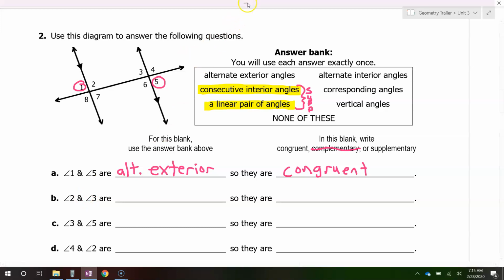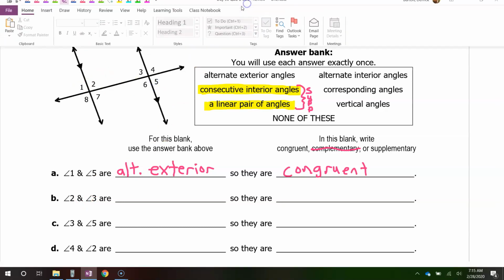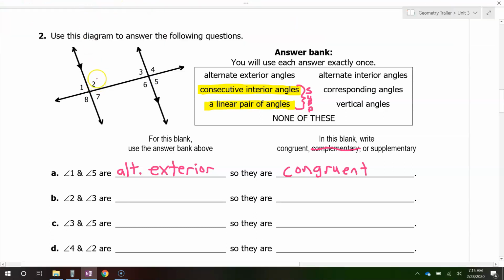What about angle 2 and 3? All right, angle 2 and angle 3, these are consecutive interior angles. I'm going to have to abbreviate. Consecutive interior angles.